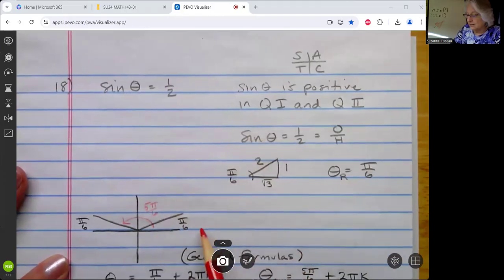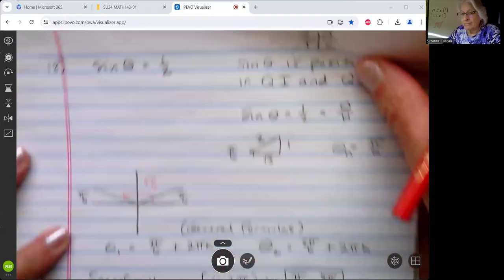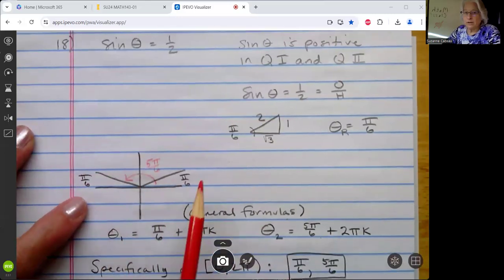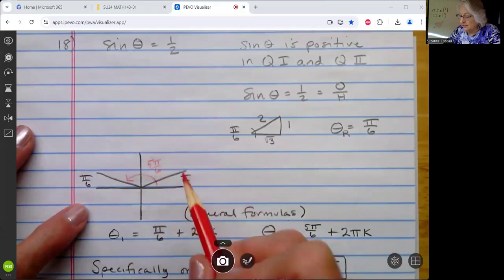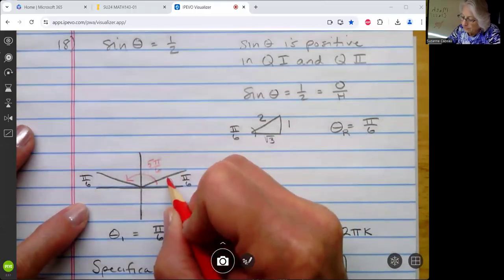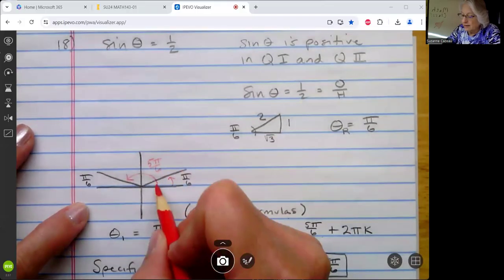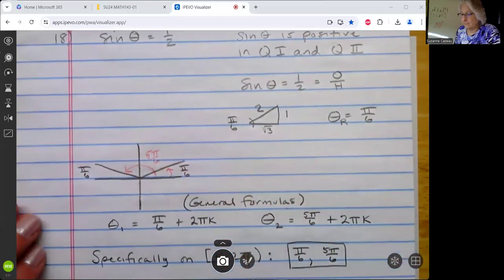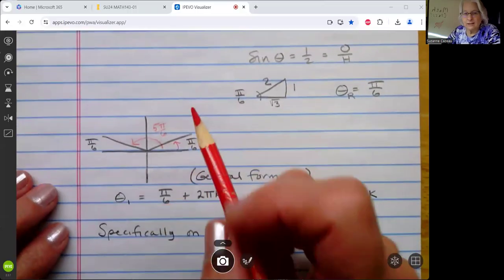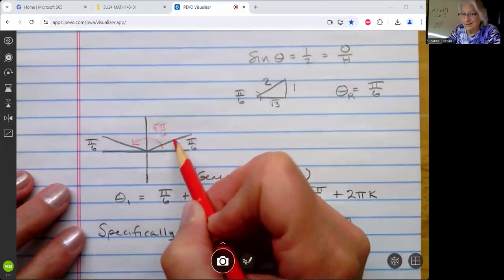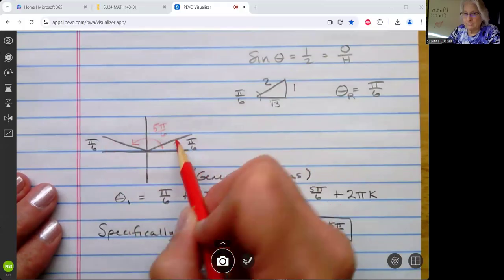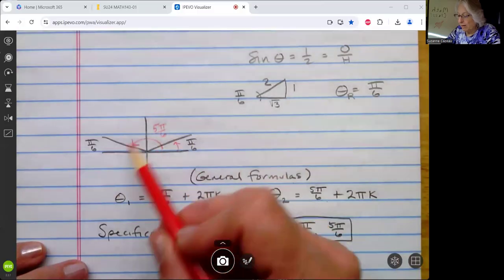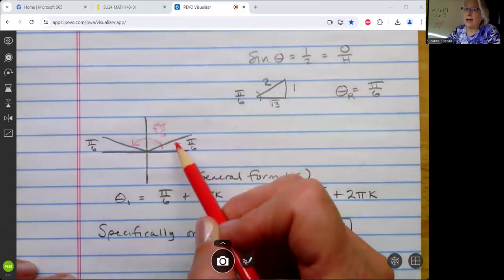Pi over 6 occurs here, and the reference angle in quadrant 2 would be over here. So of these two angles, you've got pi over 6 and you also have 5 pi over 6. If I take this pi over 6 and add 2 pi, I'm going to land in the same spot. So we want the general formula: I add 2 pi, and another 2 pi, and another 2 pi.